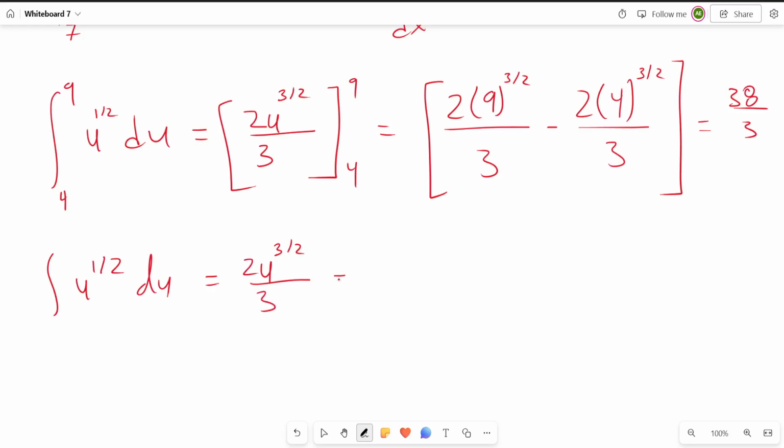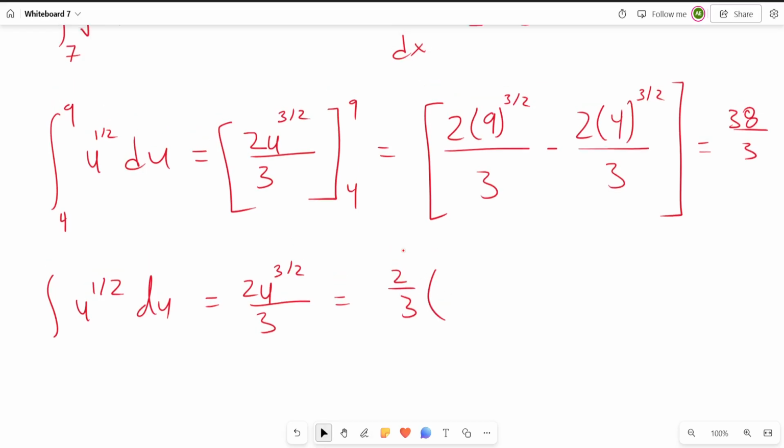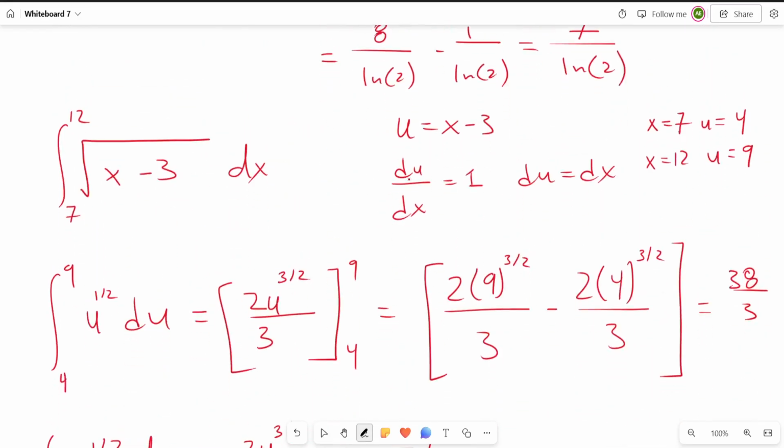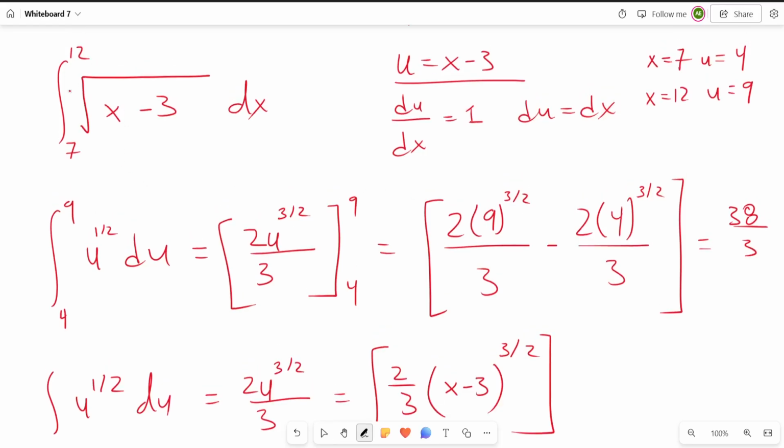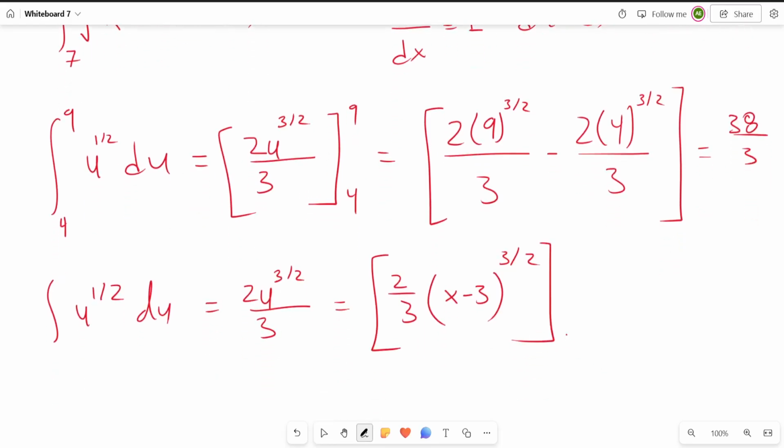Then this is equal to 2 over 3 times u, which is x minus 3, so I'm going to change it back to x minus 3. So x minus 3 to the power 3 over 2. And now, since I returned it back to x, I can use the same bounds with respect to x, from 7 to 12.